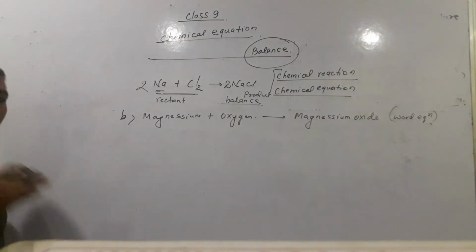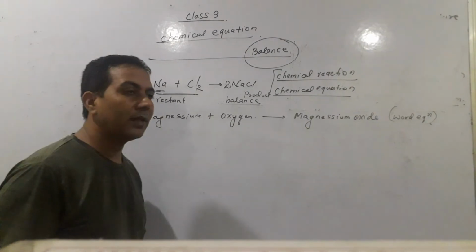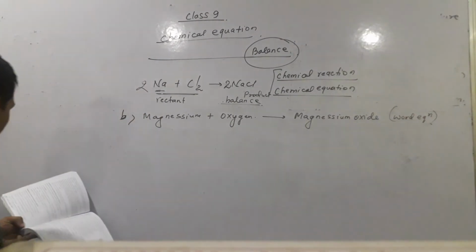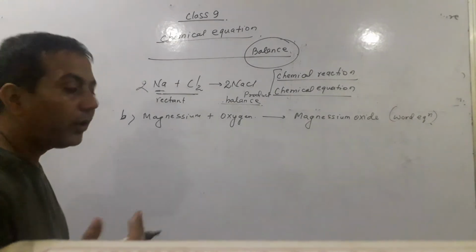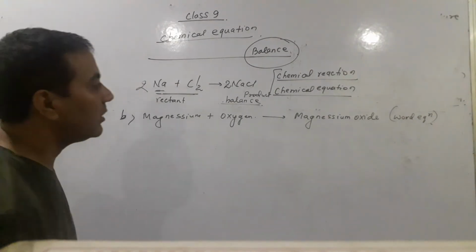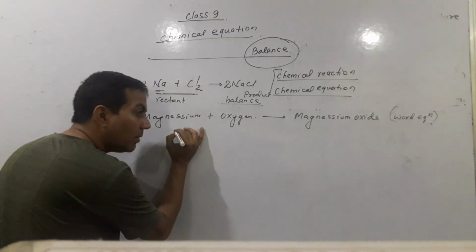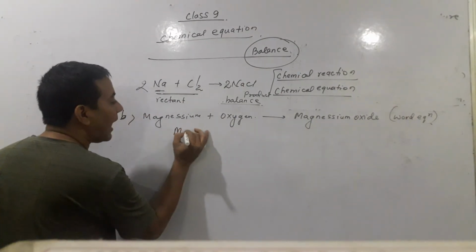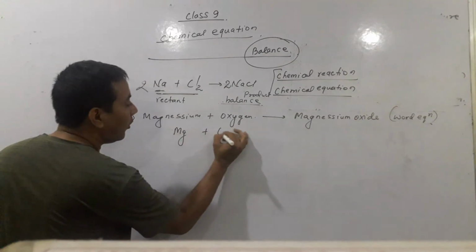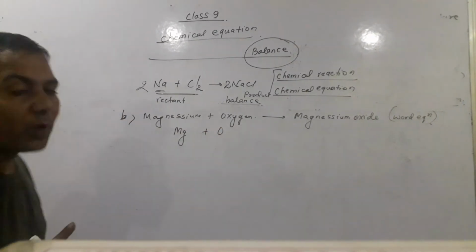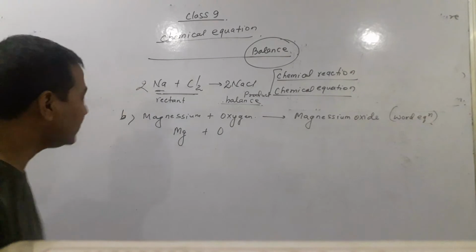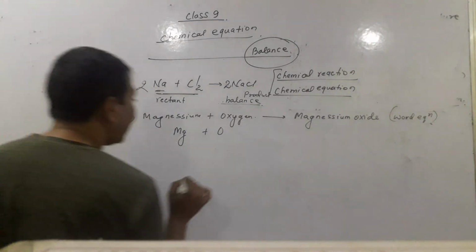Now you have to convert it first into formula equations, or molecular formula equations. Magnesium, what is the symbol of magnesium? That is Mg. Oxygen, O. But oxygen is a diatomic element.